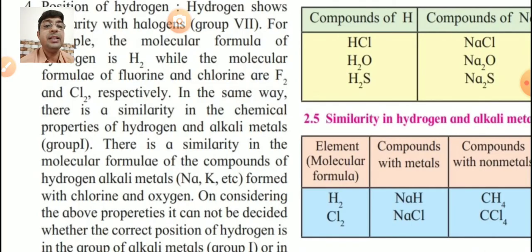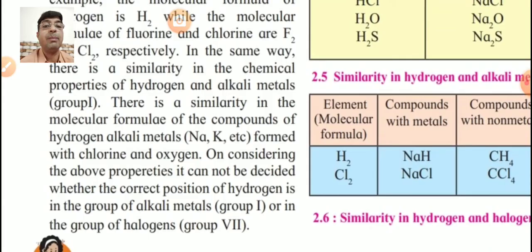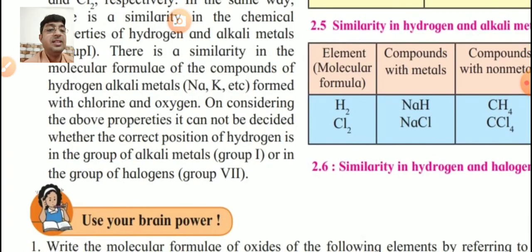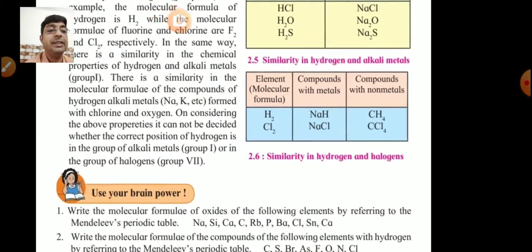There is a similarity in the molecular formulae of the compounds of hydrogen and alkali metals such as sodium, potassium, etc., formed with chlorine and oxygen, as shown in the alongside table. On considering the above properties, it cannot be decided whether the correct position of hydrogen is in the group of alkali metals, that is group number 1, or in the group of halogens, group number 17. So these are the four demerits given here.